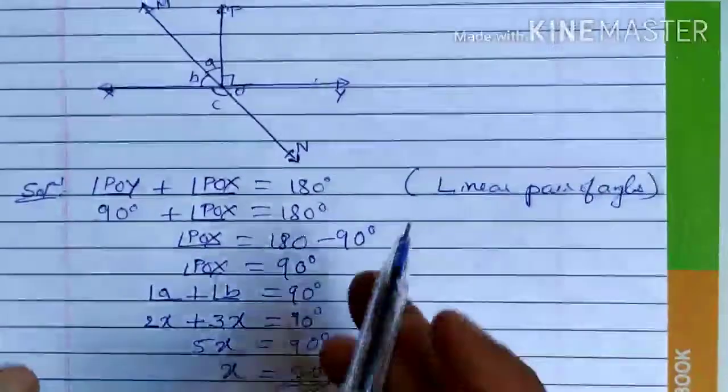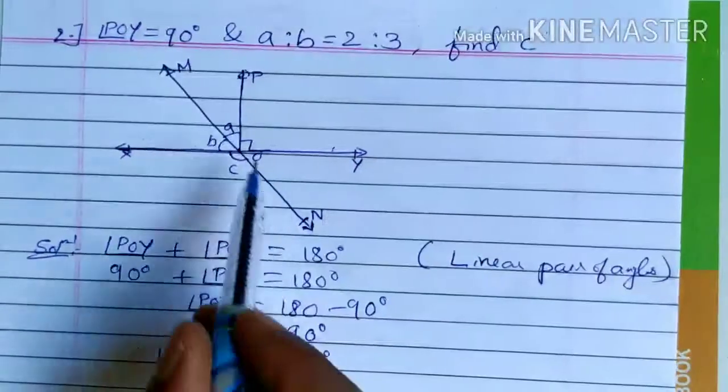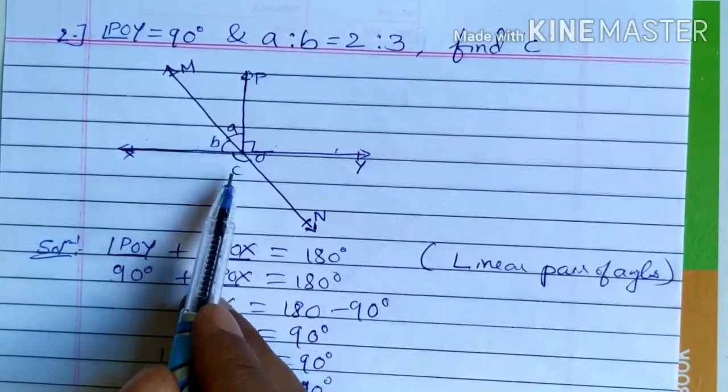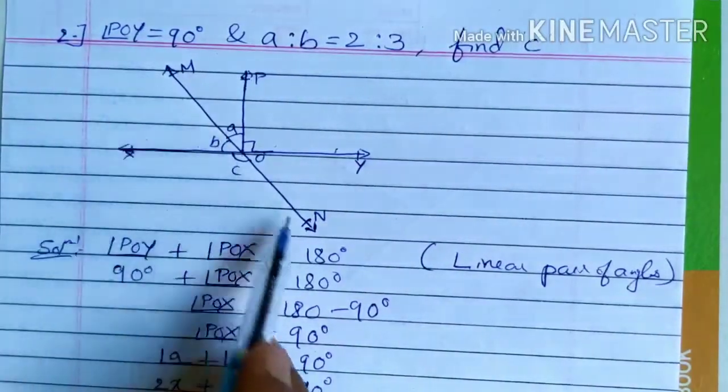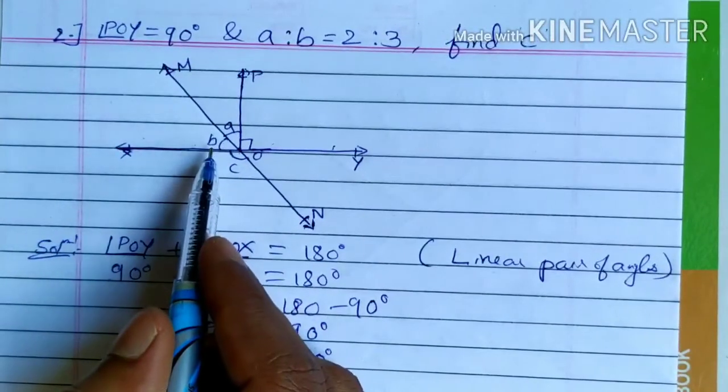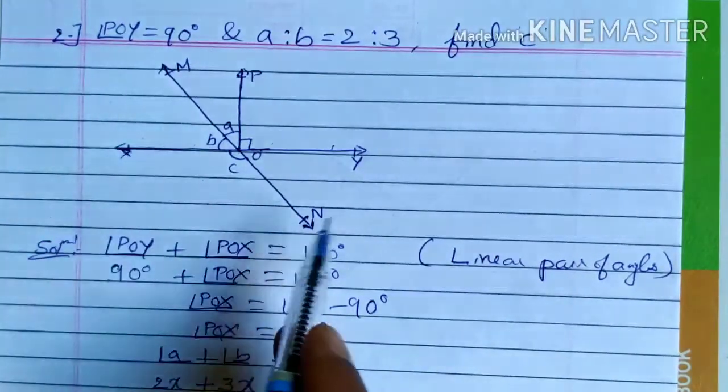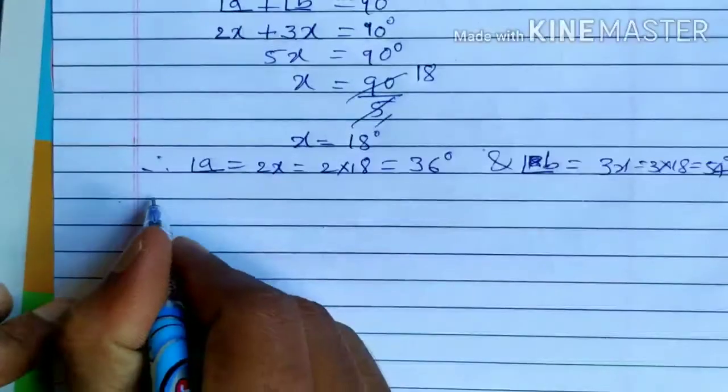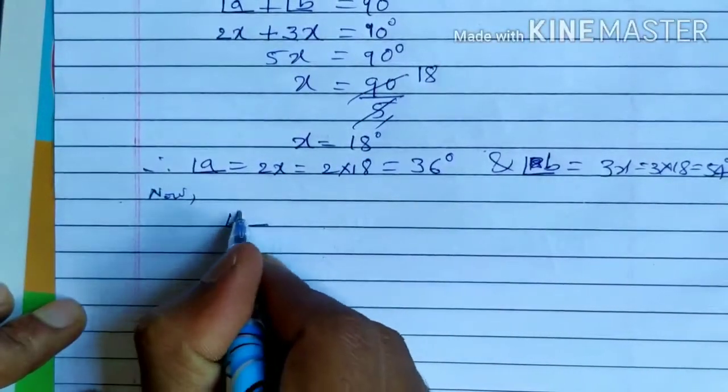Next, our aim is to calculate C. In the figure you can see that B and C are linear pair of angles. Therefore I can write angle B plus angle C is equal to 180 degrees, because of linear pair of angles. Angle B we have found is 54, plus angle C is 180 degrees.